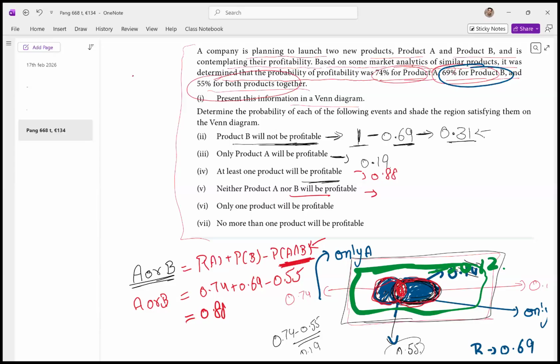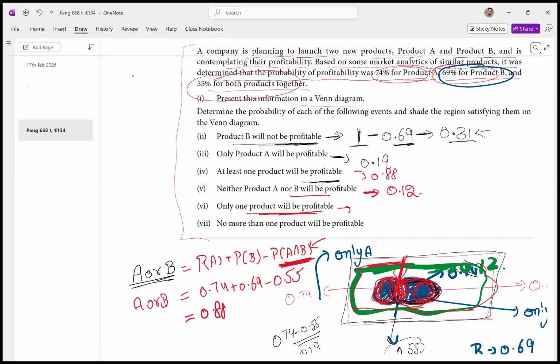Neither product A nor B will be profitable. So neither A nor B, as I told you, is this outside region, that is 0.12. And then the next part is only one of the products is profitable. Either A is profitable or B, not this intersection part, the common part.